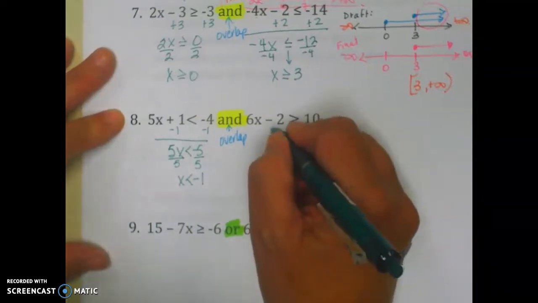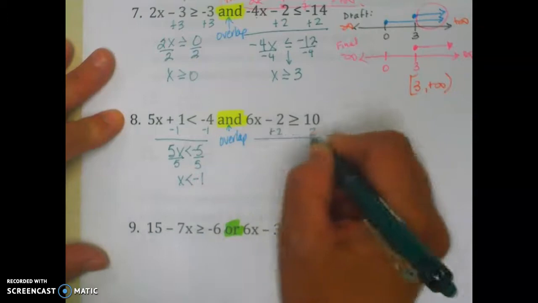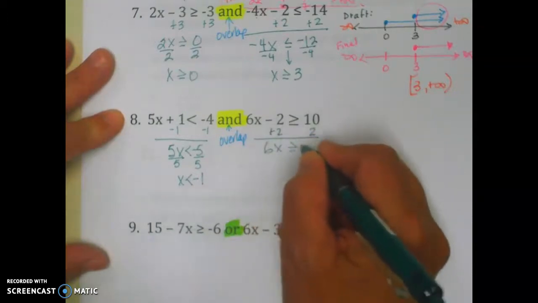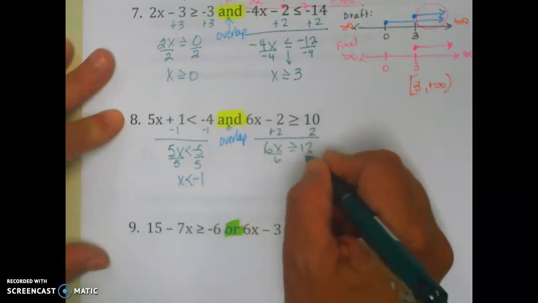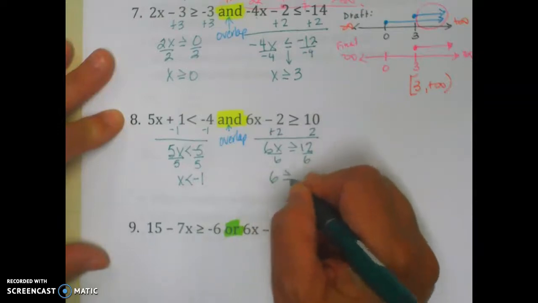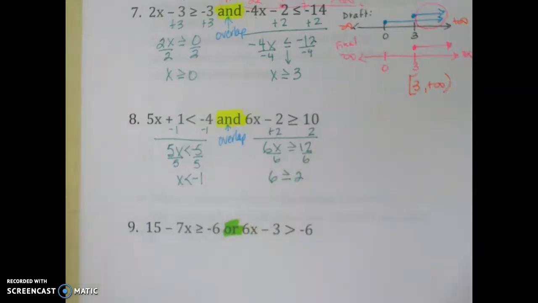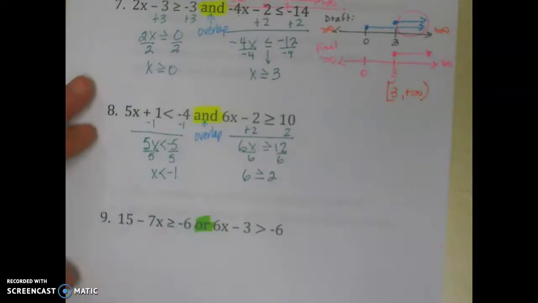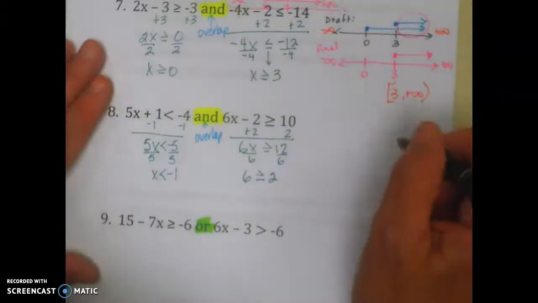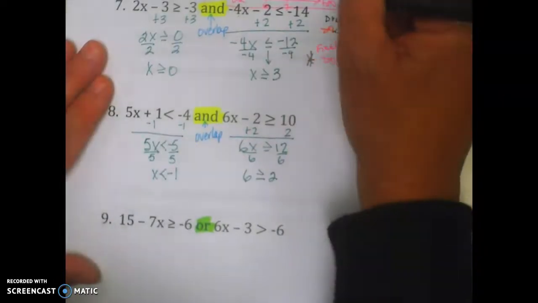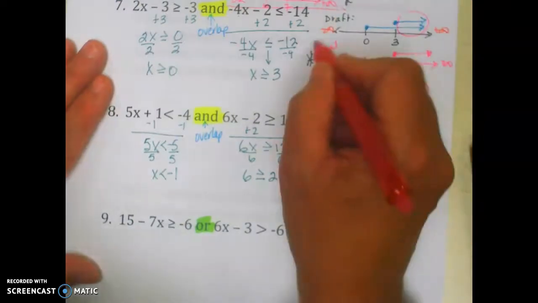Over here, I'm going to add 2 to both sides. 6x is greater than 12. Divide by 6. And x is greater than or equal to 2. Okay, so my draft, let's star my finals here, maybe.